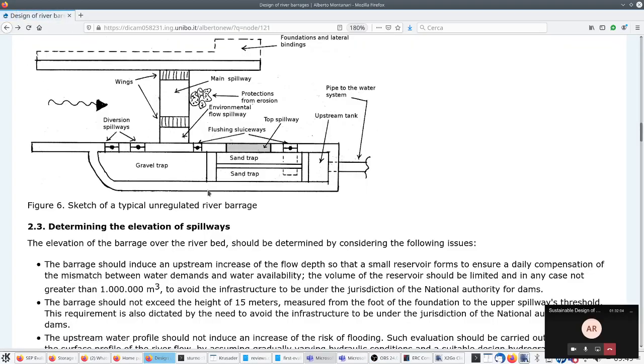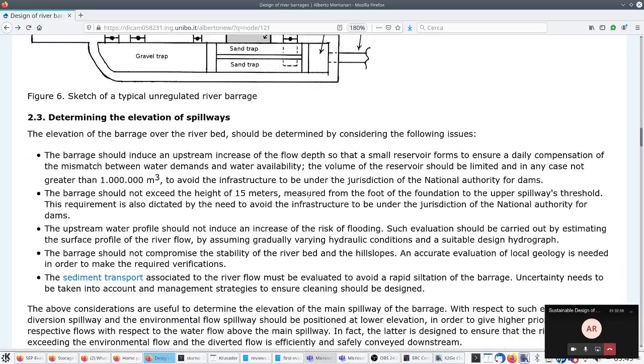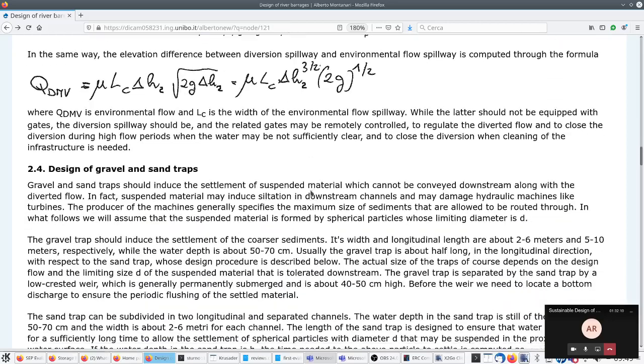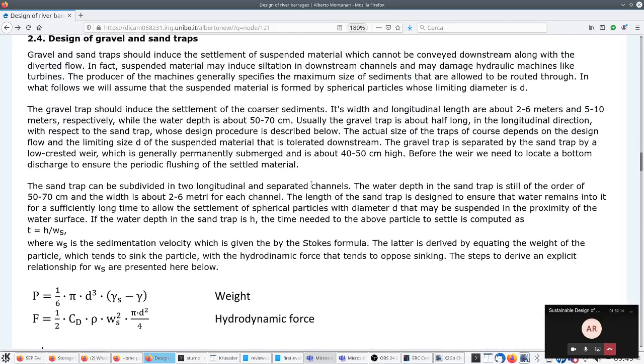Here we are, and let's move down to the design of the sand trap. And first of all, let me say that this time that is required for the particle to settle down is computed by estimating the sedimentation velocity.